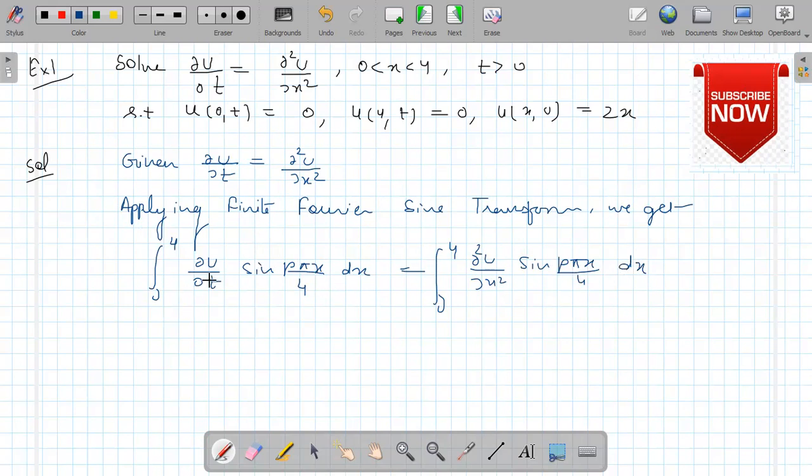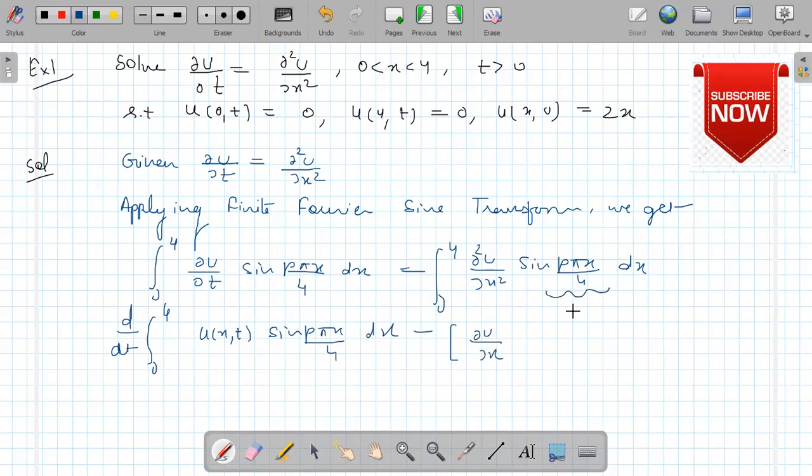Now since this integration is with respect to x and this derivative is with respect to t, this can be written as d over dt of integral 0 to 4 u(x,t) sine p pi x over 4 dx. And here we apply the integration by parts rule, del u by del x.